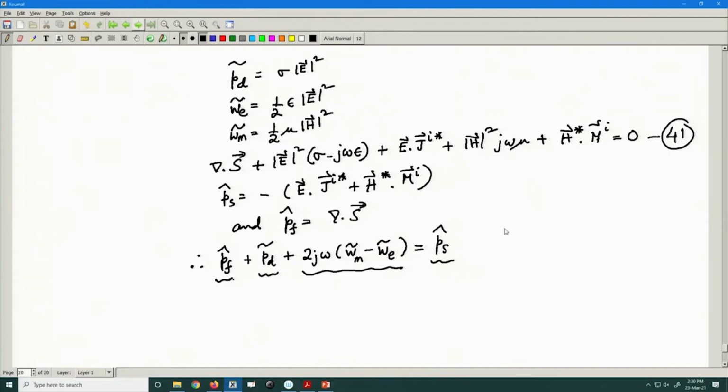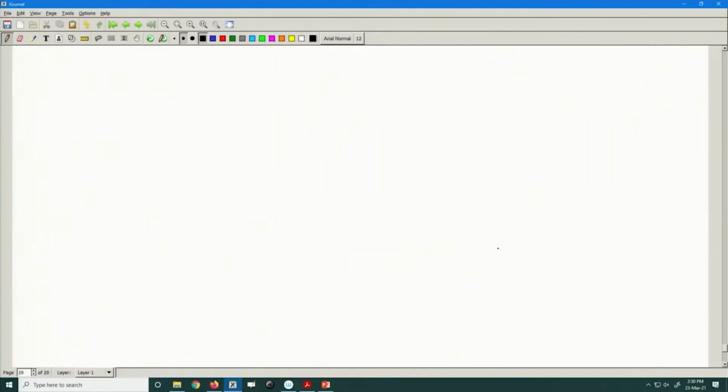for a region we have P d is equal to integral of sigma mod E square d tau.